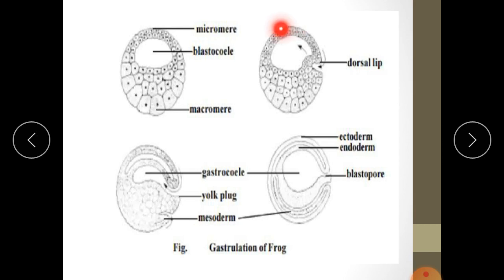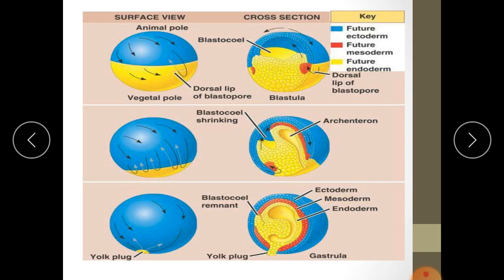So these multiply and cover the entire egg by the ectodermal cells, micromeres. Look here, all cells move towards here. Therefore, this blue colored part is the future ectoderm, micromeres.